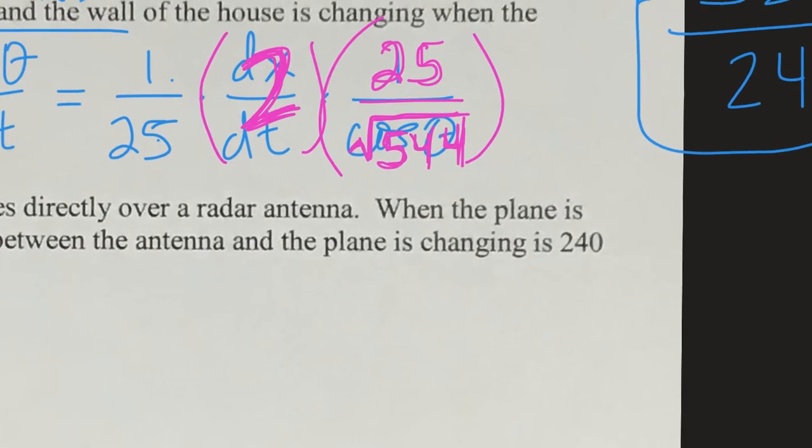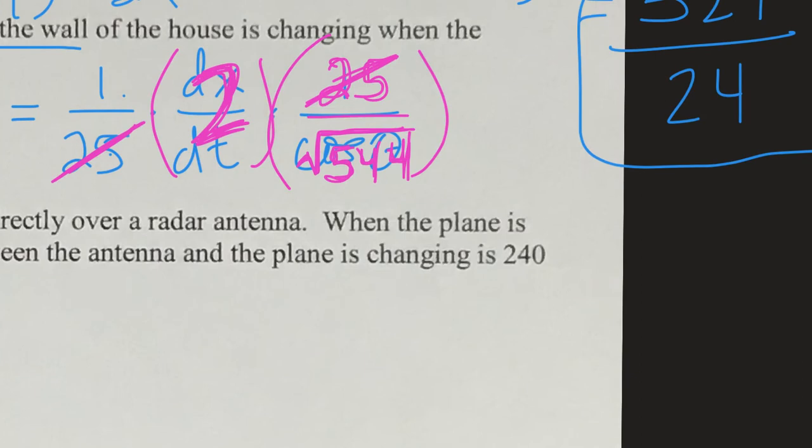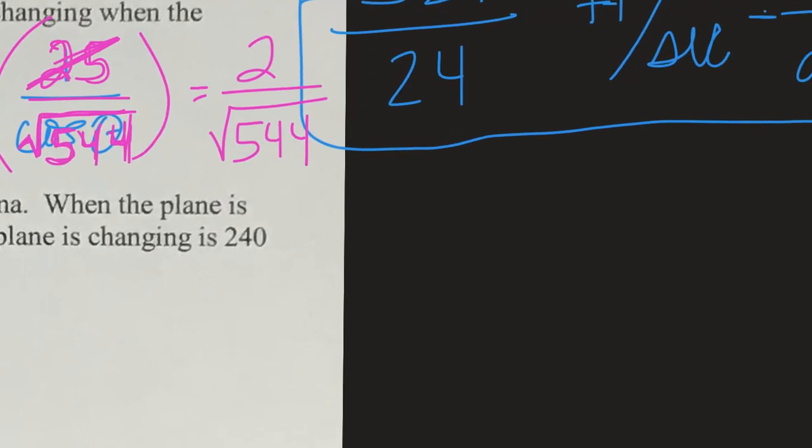So it's the radius over the y value. And now let's simplify. So my 25 on top cancels out with my 25 on bottom. That's handy. And I just have a 2 in my numerator and this wonderful root 544 in the denominator. And since this is calculus, you don't have to simplify that at all.